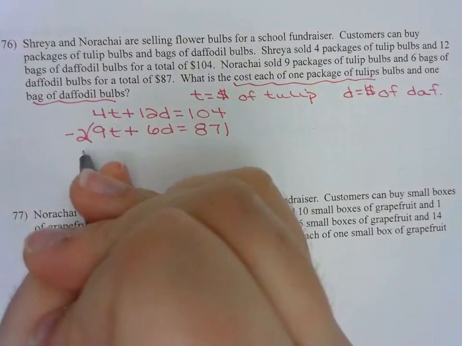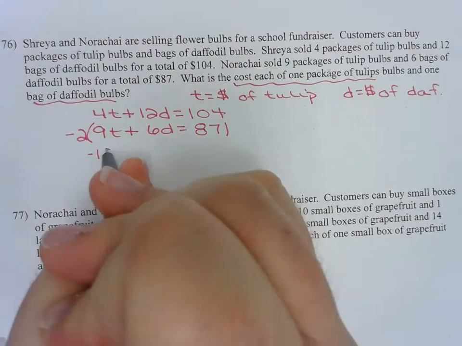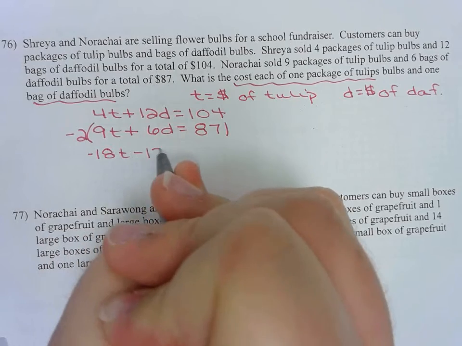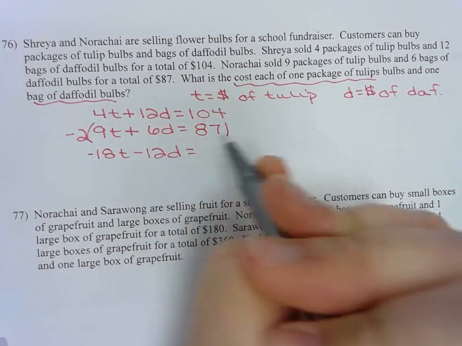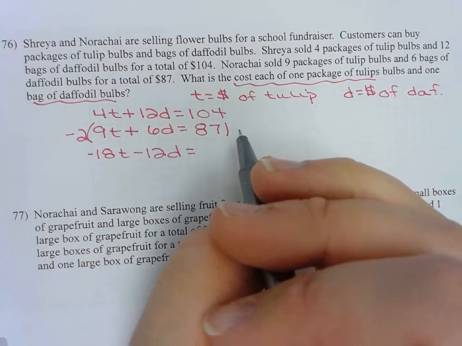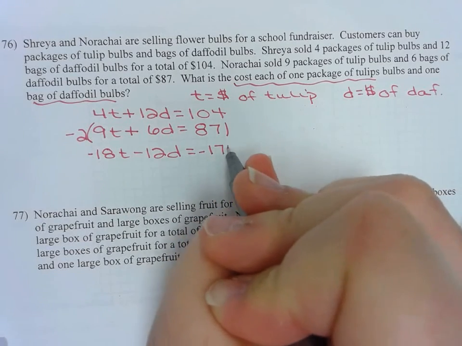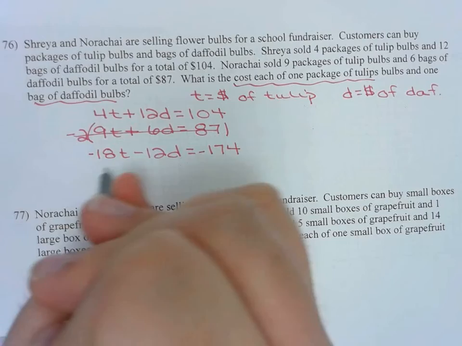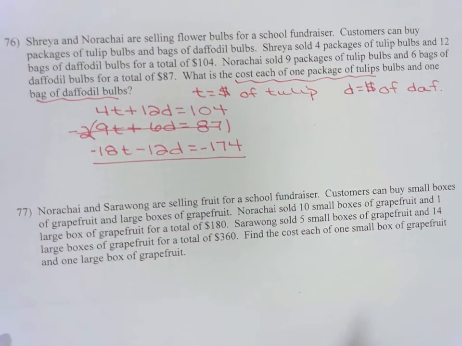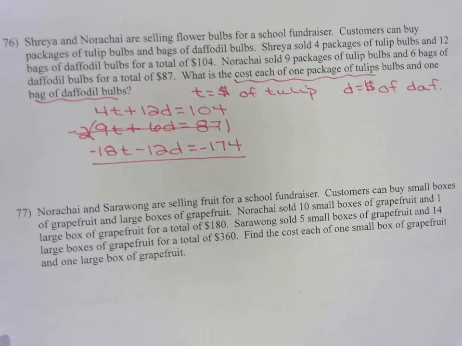So as I look at these, my bottom equation is going to be -18T minus 12D equals -174. My bad at mental math. Okay. So that's my bottom equation. Dylan, keep your head up, please.